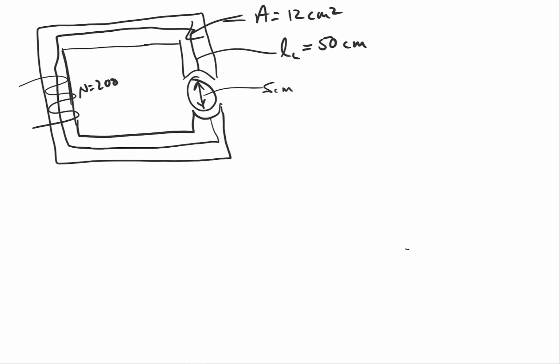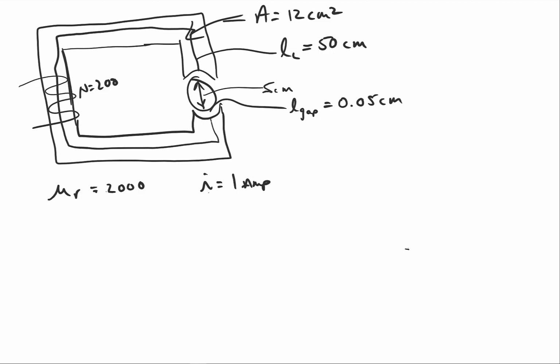And then we have a gap, the gap in between this stator idea and this rotor idea. So the gap length is 0.05 centimeters. And we are going to have a relative permeability of 2000, and a current in the coil of 1 amp.